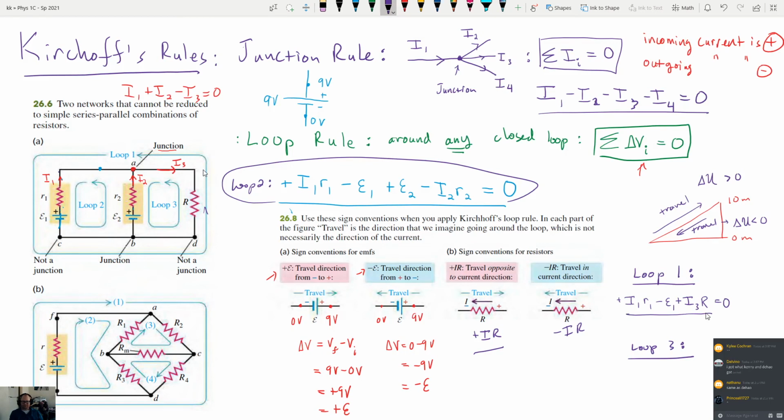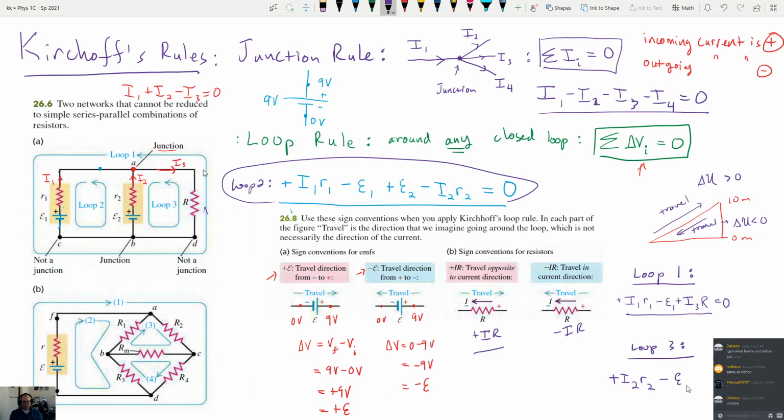Great work. And then to just finish off loop 3, we're going this way, right? What do we get for the first term here for loop 3? We're going positive I2 R2. Yep, plus I2 little r2, and then you go across the EMF source plus to minus, so we're going to get, what, negative or positive? Negative.